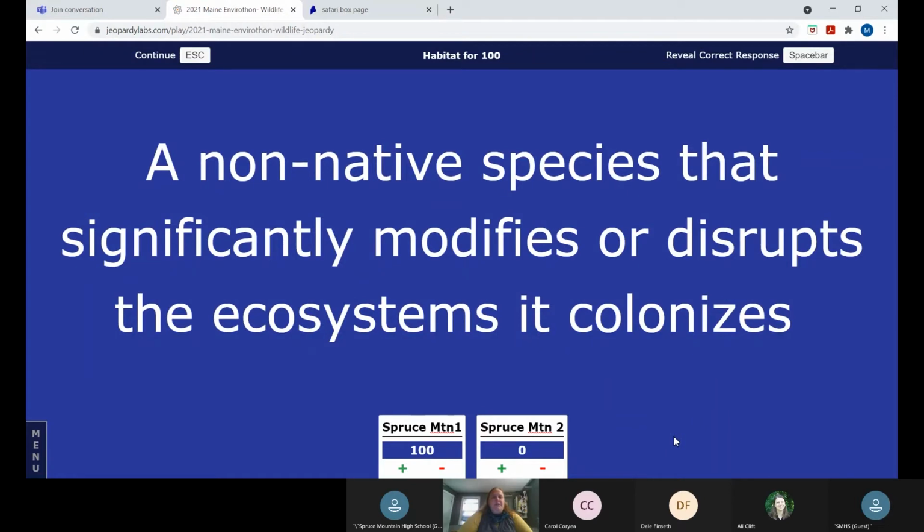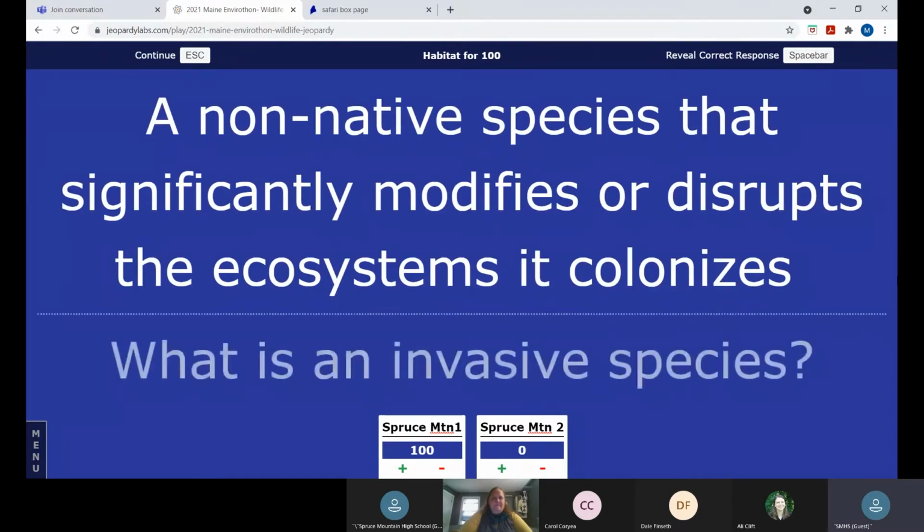A non-native species that significantly modifies or disrupts the ecosystems it colonizes. Just a second, please. Sure. What is invasive? What is an invasive species? Good job.